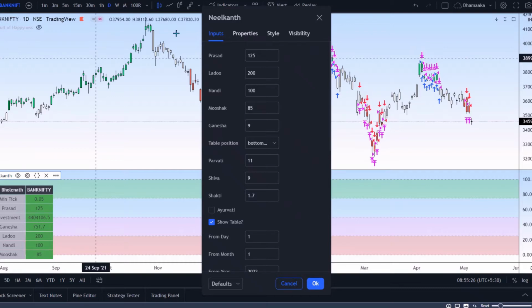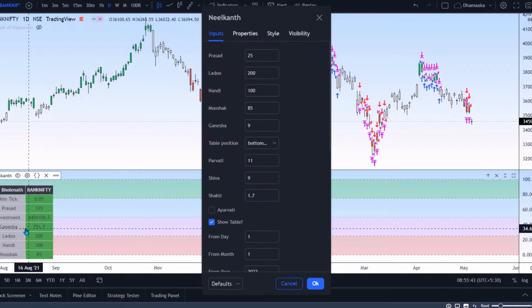Prasad here means the quantity, the lot size. For Bank Nifty it's 25. So we will select 25, and here we will see what value Ganesha gives us back. Ganesha gives us back a value of 750.